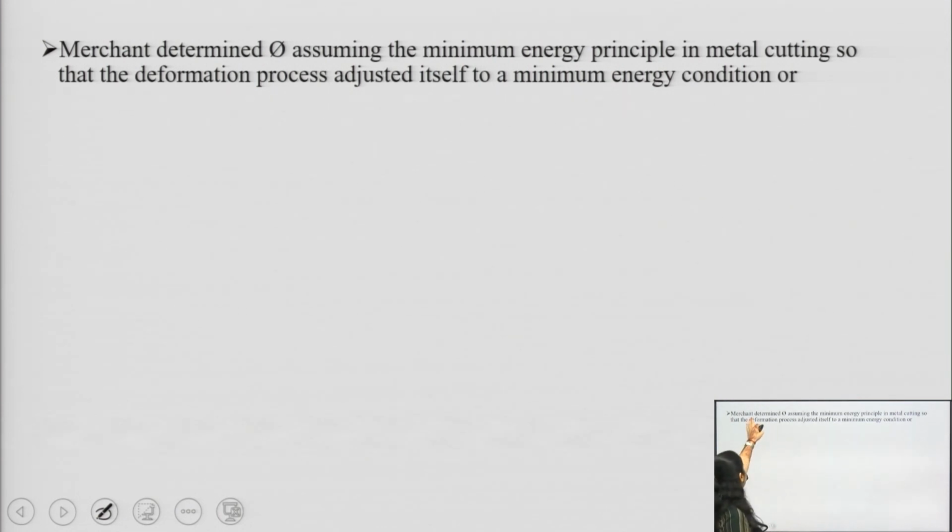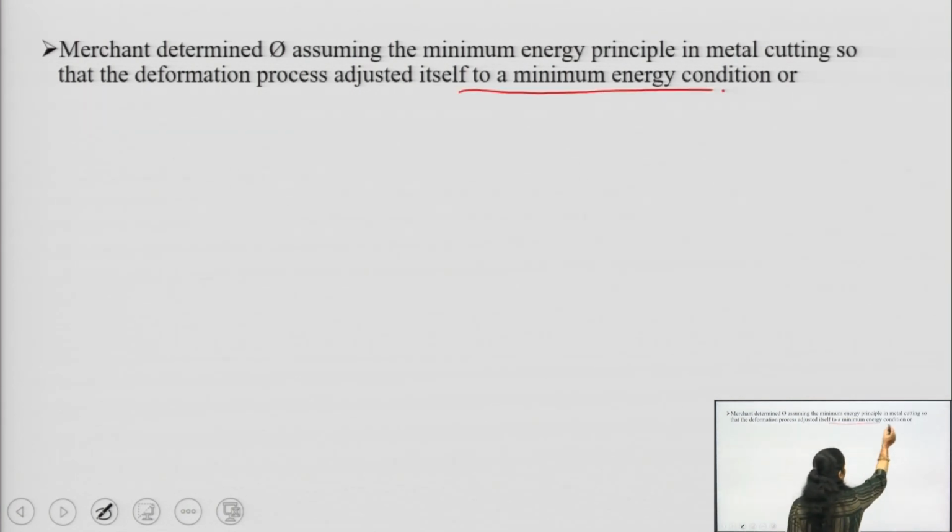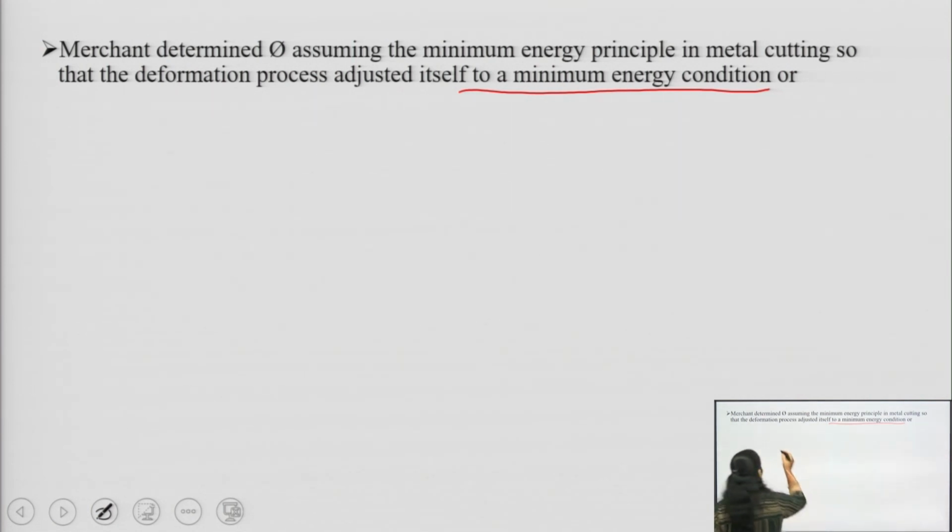Now, we know that the merchant determined phi assuming the minimum energy principle in metal cutting, so that the deformation process adjusted itself to a minimum energy condition. So, for this equation what we have to do, we will differentiate cutting force with respect to phi and equate it equal to 0. Okay?